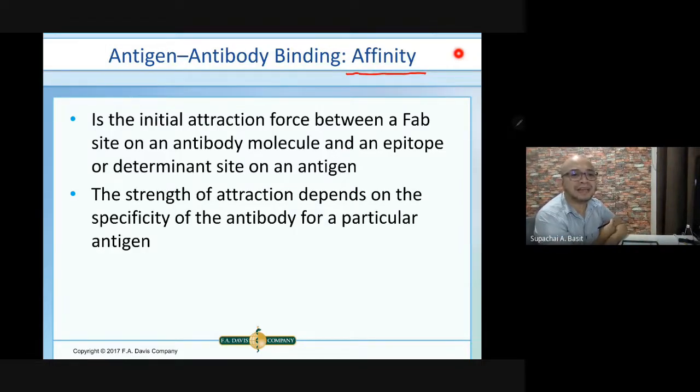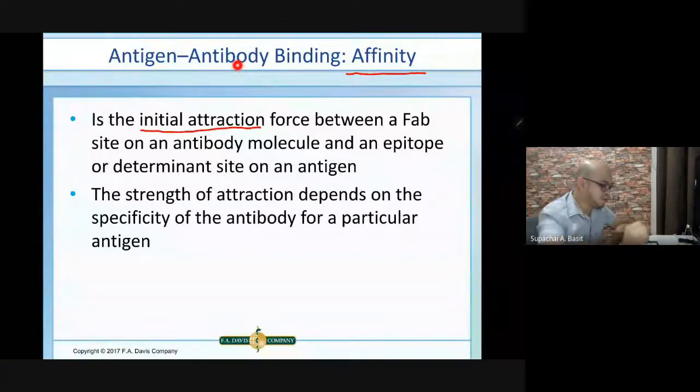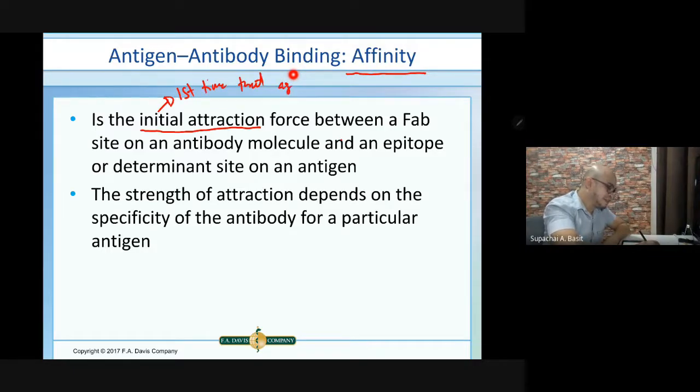So when we say affinity, we are referring to the initial attraction. When you say initial attraction, it is the first time that antigen and the antibody meet. Okay, so that's the initial attraction. It's the first instance that they have actually met.